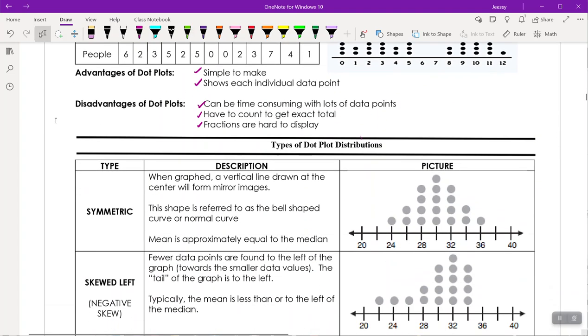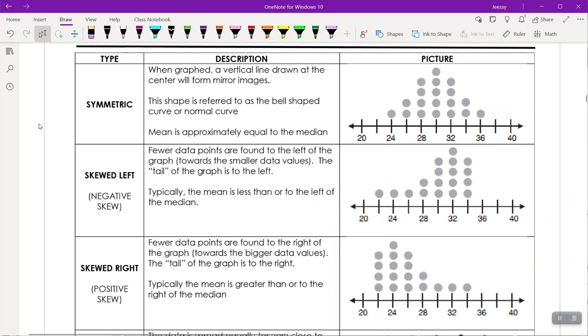Dot plots can have specific shapes. If you can draw a line down the middle, like this, we say it's symmetric, okay? In upper level math, we start calling this a normal curve. Normal curve shape.